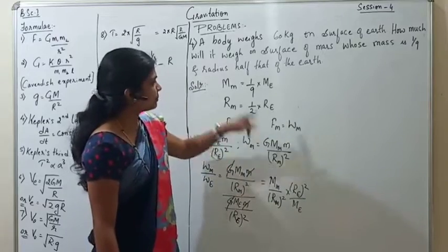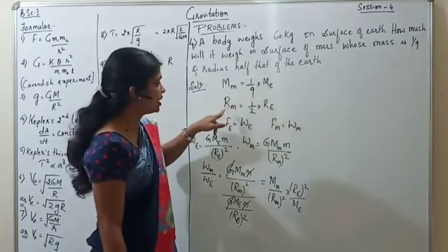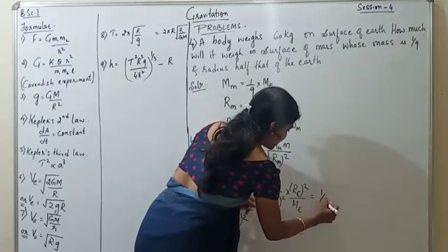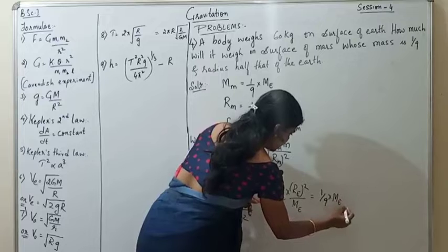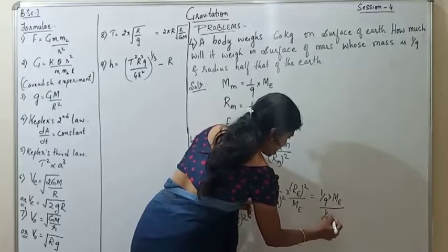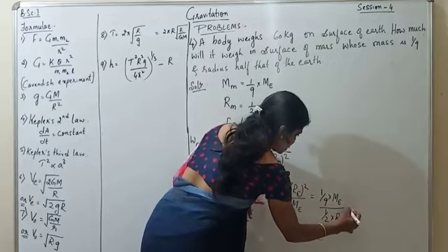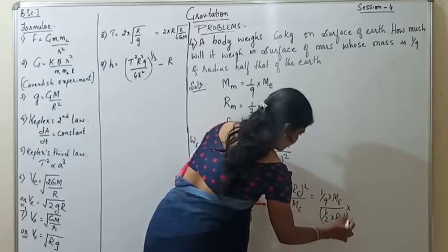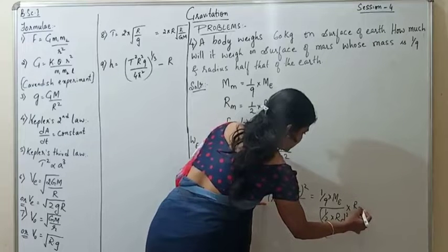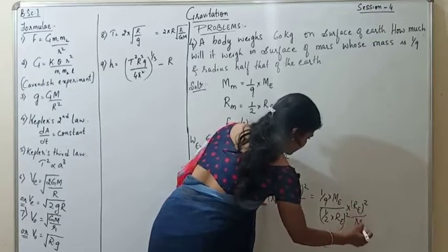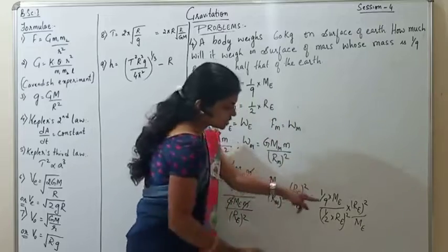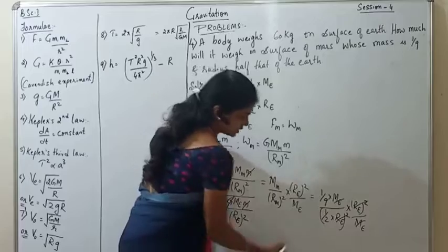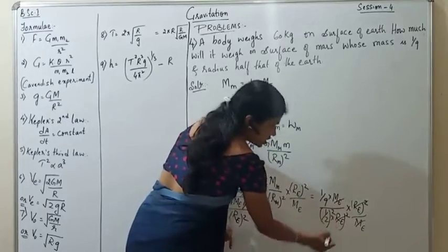But what is MM? MM is 1/9 of ME and RM is half of RE. So this is going to be 1/9 of mass of Earth divided by half of radius of Earth, the whole square, into RE the whole square divided by ME. So this ME and ME gets cancelled, RE square gets cancelled, but this half is also squared.